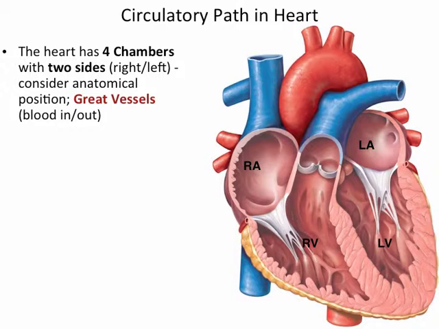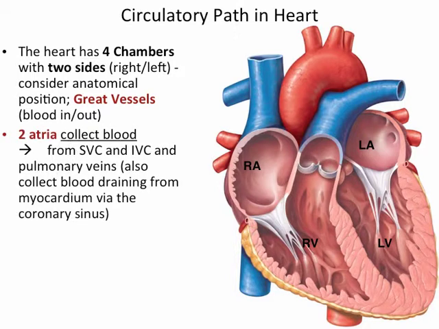Those 4 red tubes behind the heart are the pulmonary veins, bringing the oxygenated blood back into the left atrium. And the superior and inferior vena cava are those blue tubes going into the right atrium.